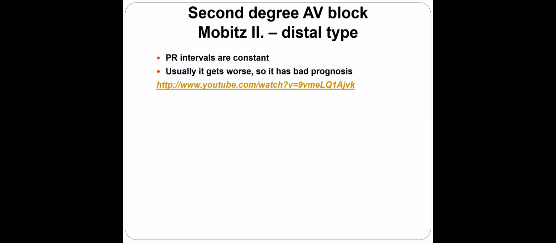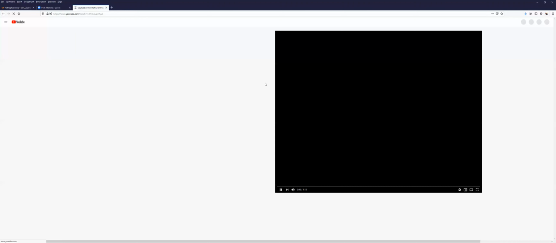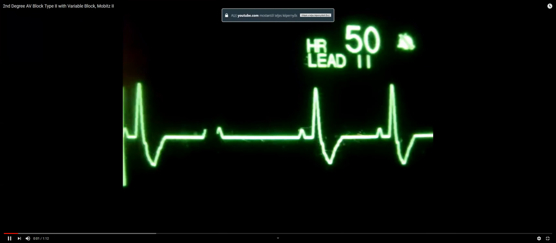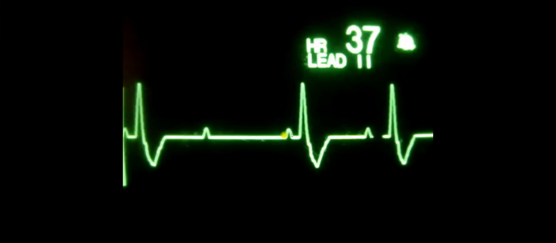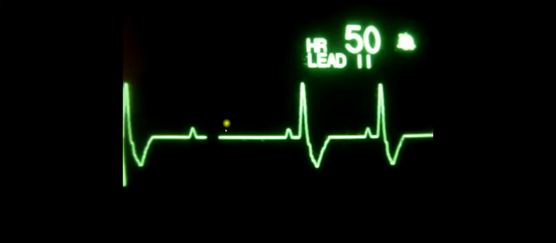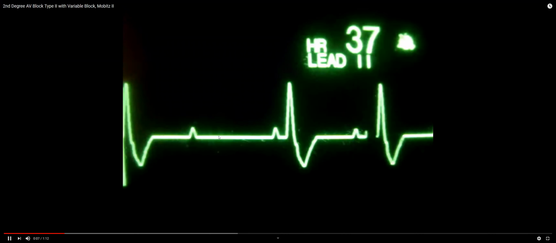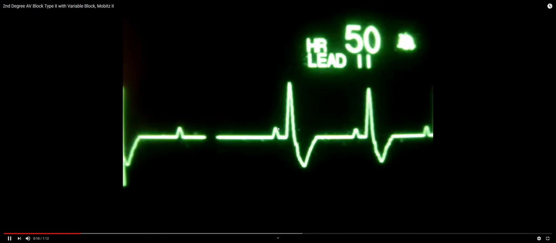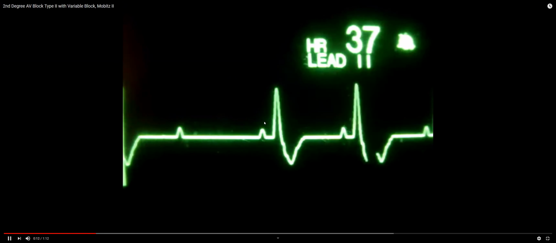That usually gets worse and it can progress to the 3rd degree block. The ECG sign is that the PR, whenever it is conducted, is the same, and you do see some unconducted beats. This is how you can see the difference between these two.